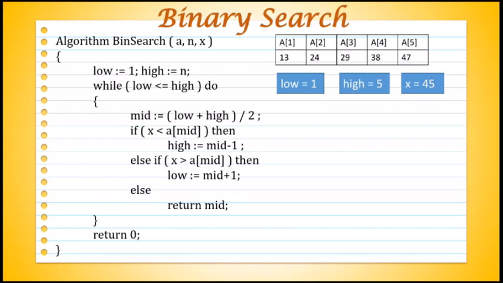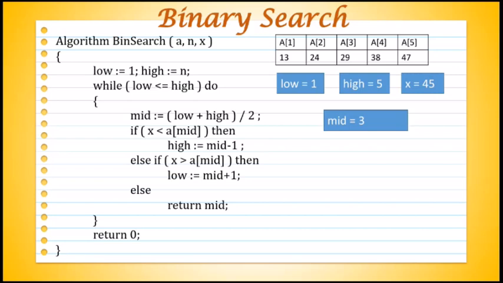So low is less than or equal to high, that is 1 is less than or equal to 5. Yes, this condition is true. That means we will execute the while loop's statements. So first we will find the middle value. So low plus high, that is 1 plus 5 divided by 2, that will be 3.